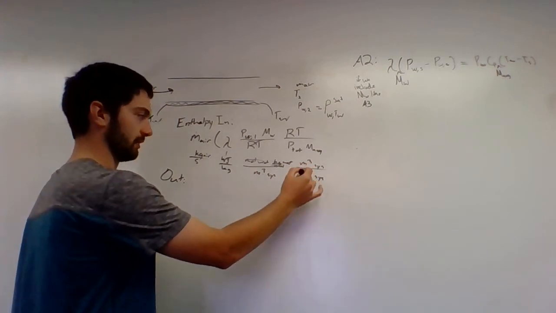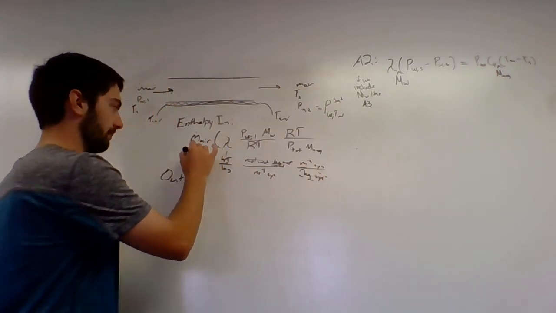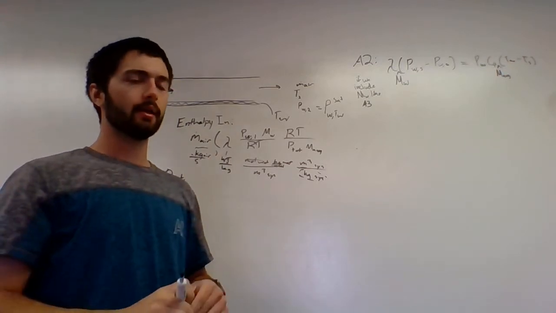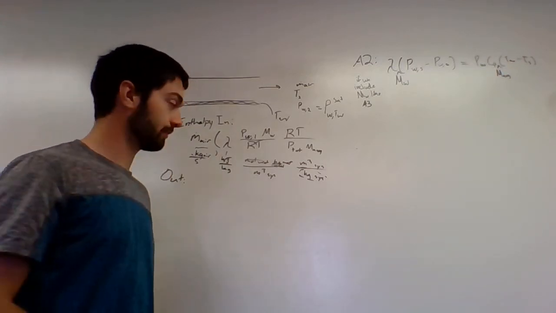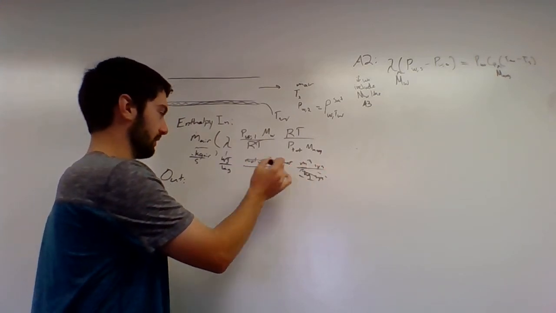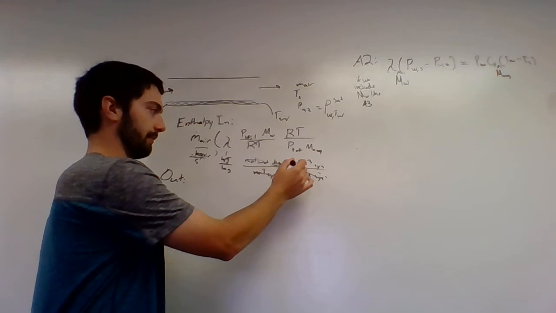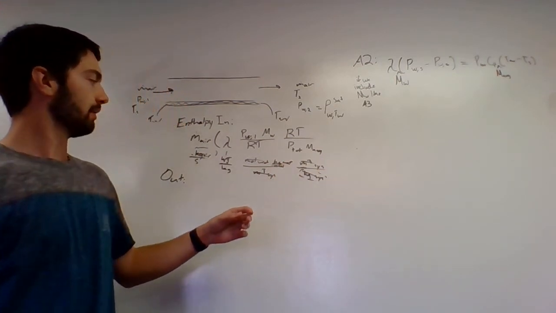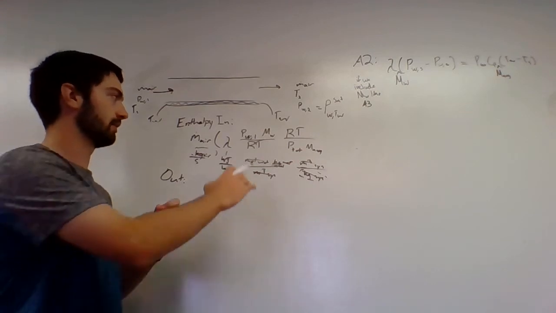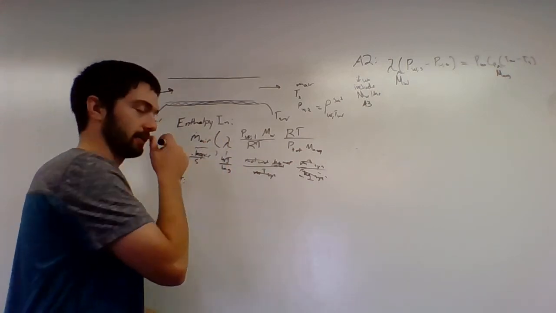This is essentially the same as kilograms of air, because it's majority air, so we can think of those as canceling. These cubic meters will cancel, and we're left with what we wanted, the kilograms of water on top, which is what the heat of vaporization is given in. So that's good.